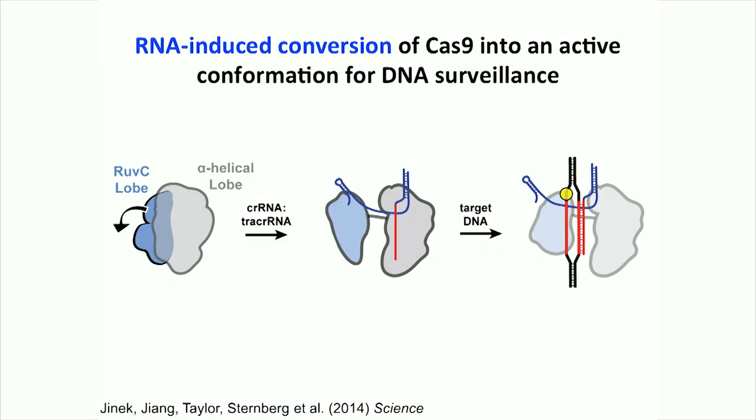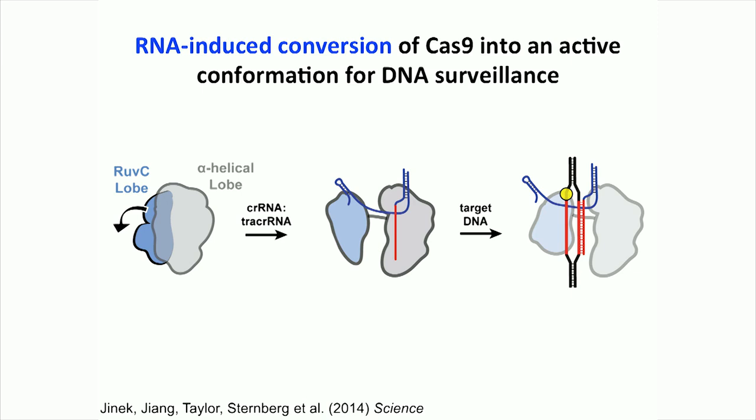And so I want to show you another cartoon-type slide that summarizes some published work that represents a series of structural experiments that were done to investigate the conformation of this protein as it interacts with nucleic acids and assembles ultimately with a substrate DNA molecule.